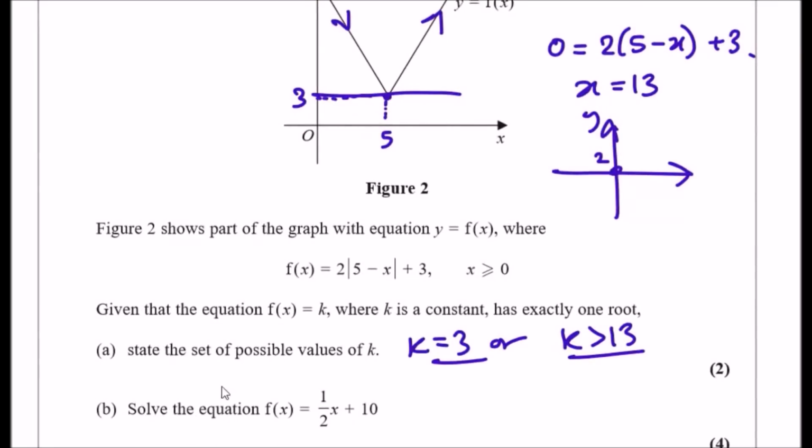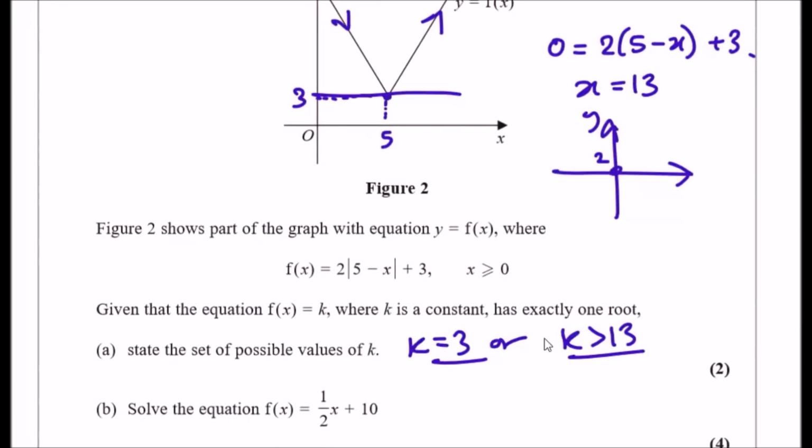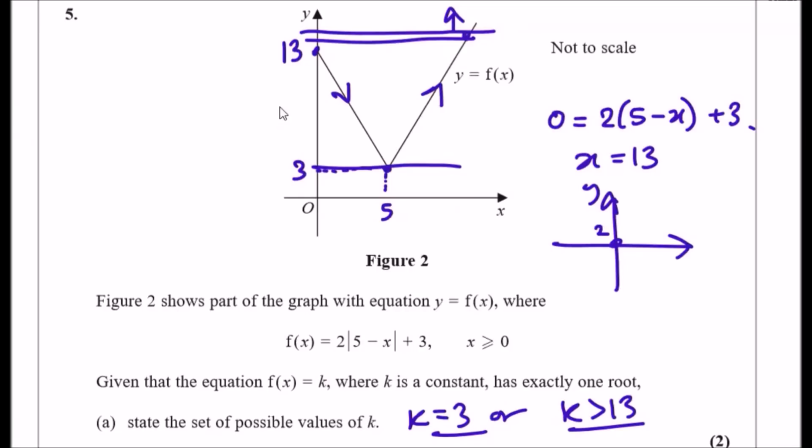Now, next one. Solve the equation f(x) equals half x plus 10. These kinds of questions are very important to understand. You have two equations: one line going down and one line going up. For the downward slope, we have a negative gradient, so we have 5 minus x. Remember, there has to be a minus sign in front of the x. Because this is an upward slope, the gradient is positive, so we rewrite this as x minus 5.